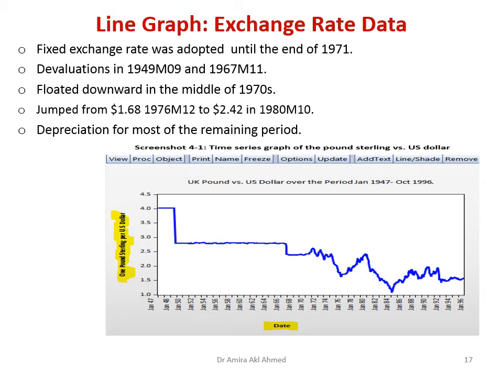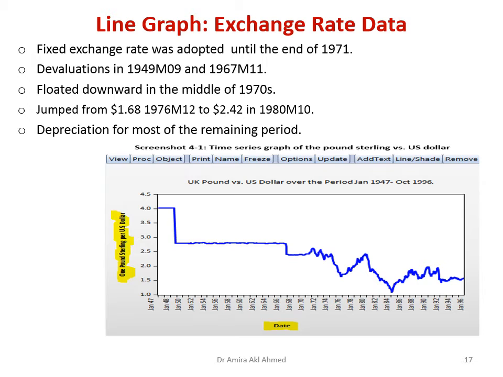Now, from this graph, it is quite easy to detect the main features of this time series variable. For example, the Bank of England adopted a fixed exchange rate regime, in which the British pound was kept fixed against the US dollar until the end of the year 1971. Moreover, we could see that large devaluations of the pound sterling took place in September 1949 and November 1967.